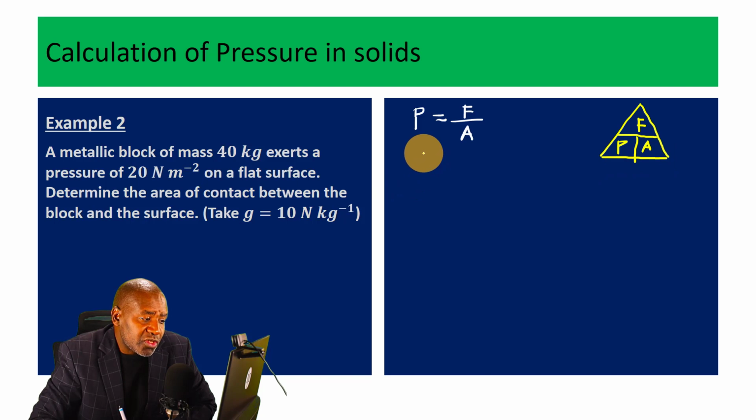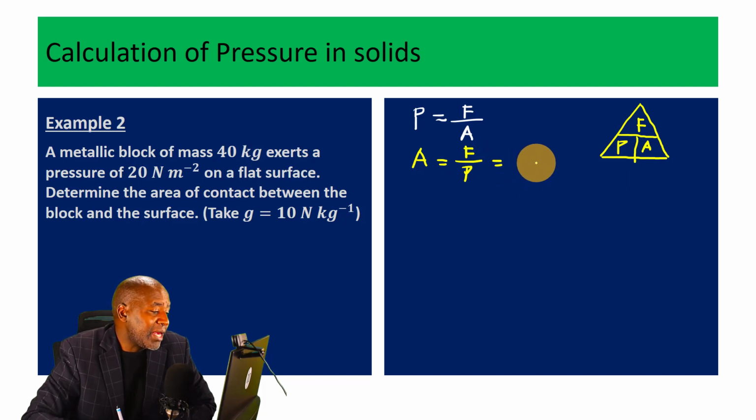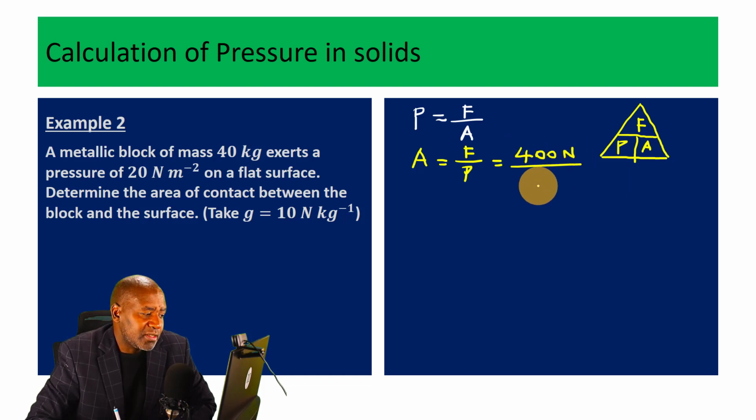Let's use that first method, where we cover area with our hand, and we can see what is left is force over pressure. And we make this substitution directly. Remember, the force exerted will be the weight of this block, which is 400 newtons. I know you know how I got that.